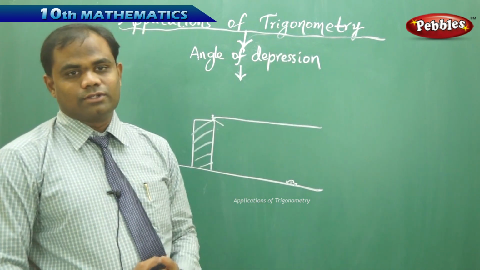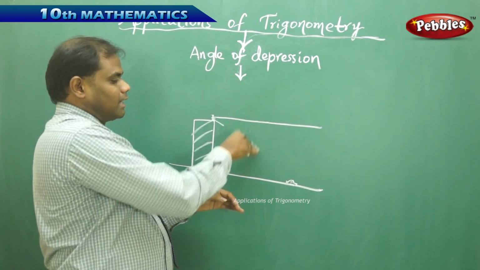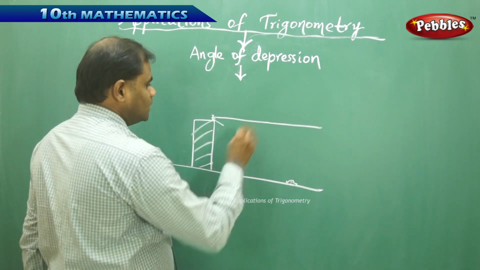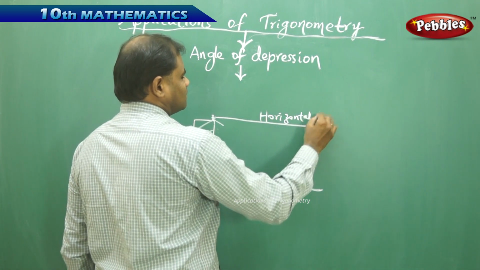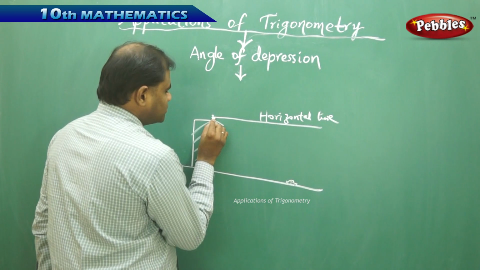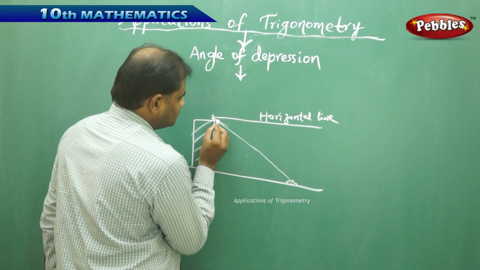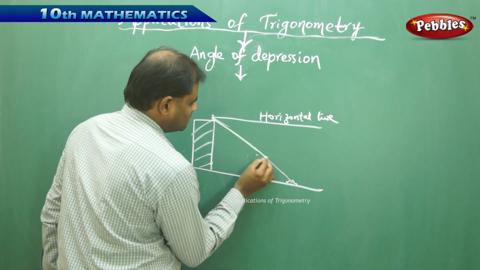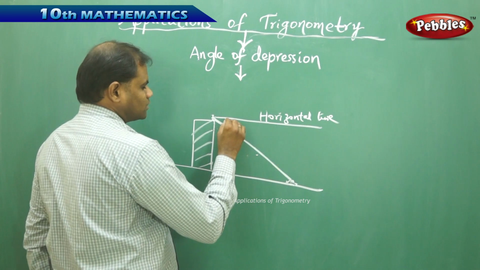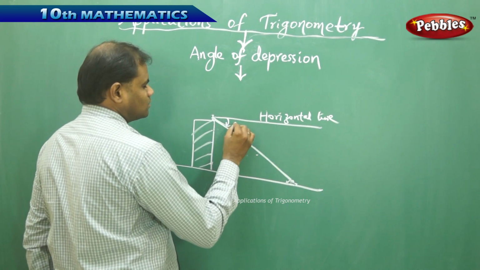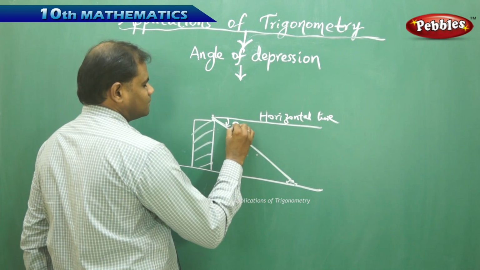So the straight line, the horizontal line through which we take the angle of elevation or the angle of depression. Therefore, for this horizontal line, when I watch downwards, this angle is called angle of depression.